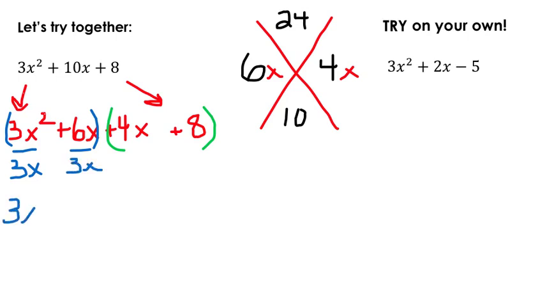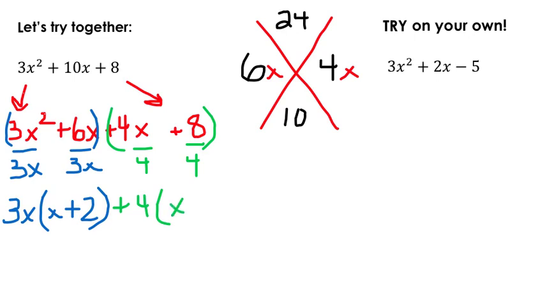I'm going to write that out front as 3x, and then what I have left over is just an x plus 2. The GCF for my second two terms, or my second binomial, is just a 4. Because my 8 doesn't have any variables, so I can't pull out any x's. I can just pull out a 4. So down here I'll have that 4 out front, and then I'm left with an x plus 2.